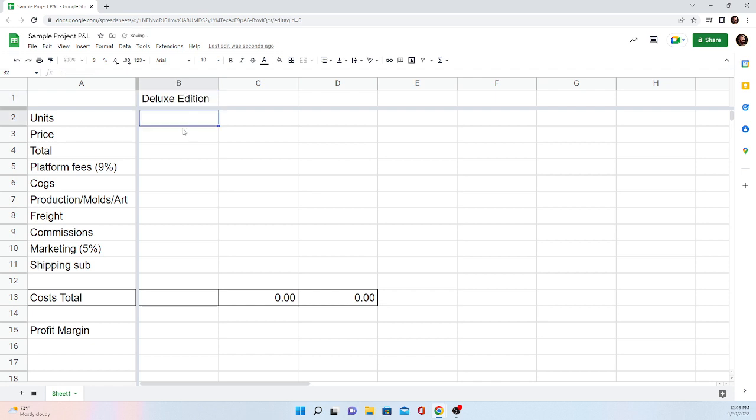Now, when you do a forecast, you should do this for low, medium, and high. Medium, I would say, is what I really expect my campaign to do. Let's say you say it's 3,000. I think I can do 3,000 units of this game.